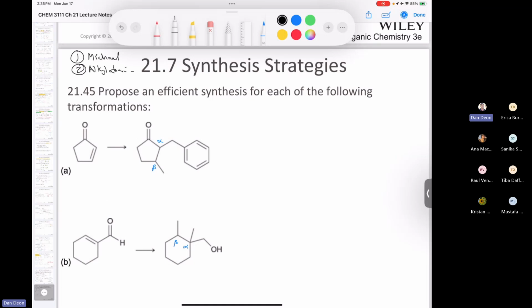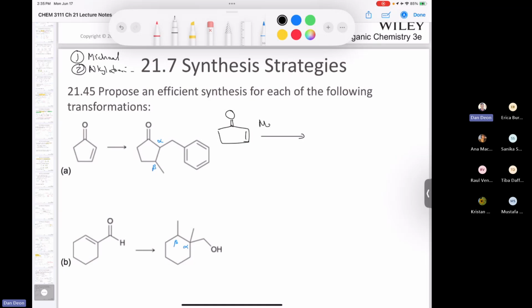So let me show you what I mean. We're going to do a Michael reaction to add the methyl group at the beta carbon of the first one. So for that, we're going to start out with the alpha beta unsaturated ketone, like that. And we're going to treat it with lithium dimethyl cuprate.